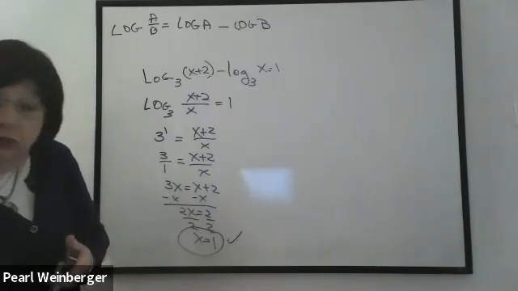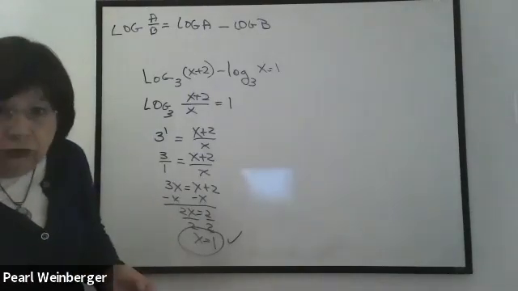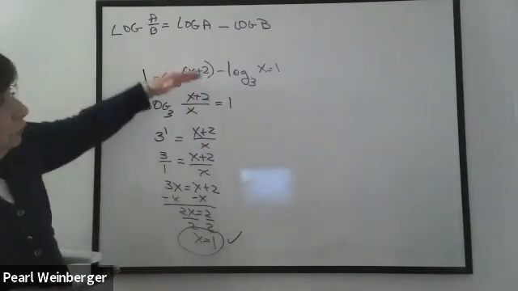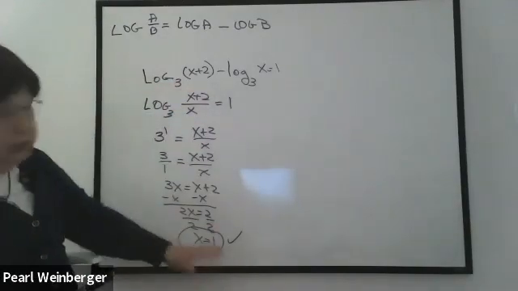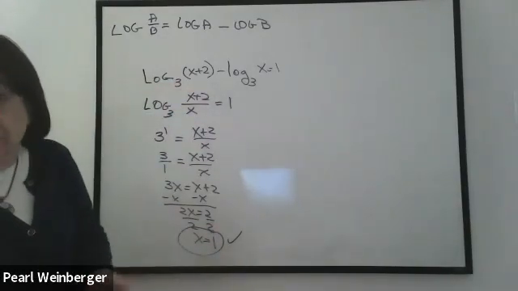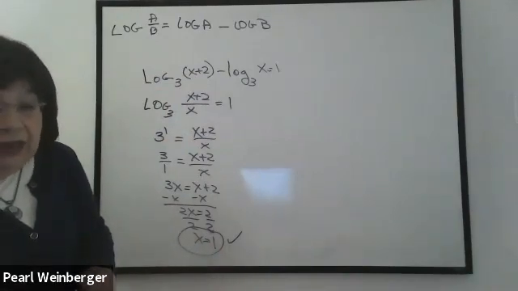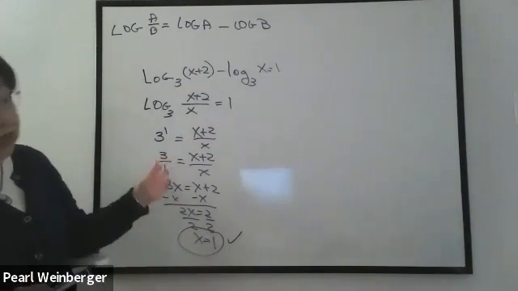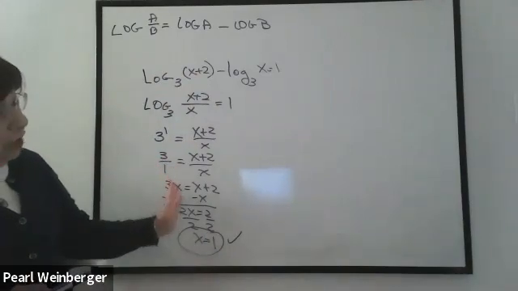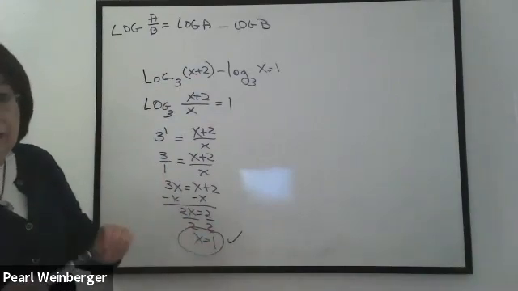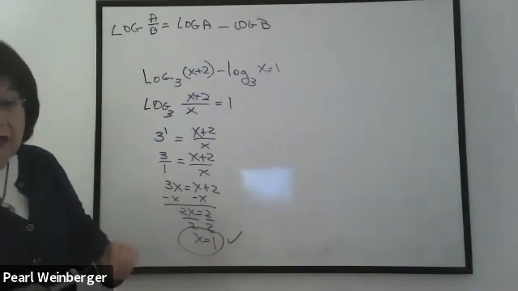Sometimes both answers work, sometimes neither answer works, and sometimes one works and one doesn't. In this case, we got only one answer and it just happened to work. It could have been that the one answer we got didn't work either. So always keep in mind that you've got to check the final results to make sure you're not taking the log of a negative number.